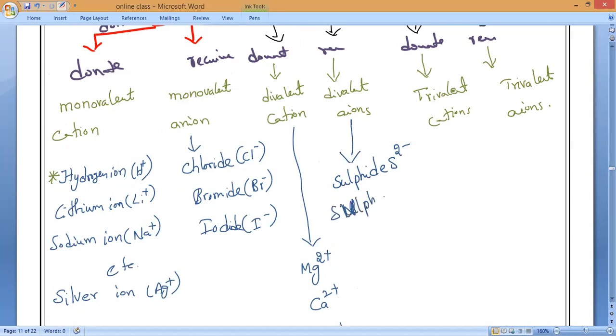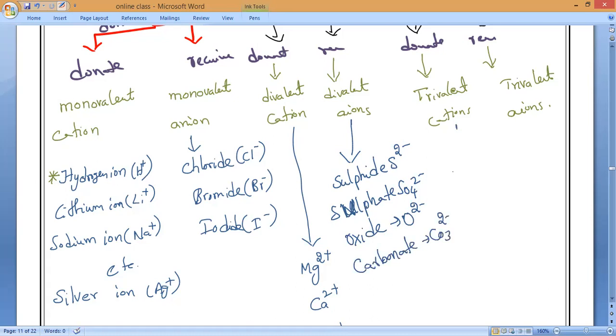Sulfate, SO4 2 minus. Any other? Oxide, O2 minus, very good. Next, carbonate, CO3 2 minus. This is all.